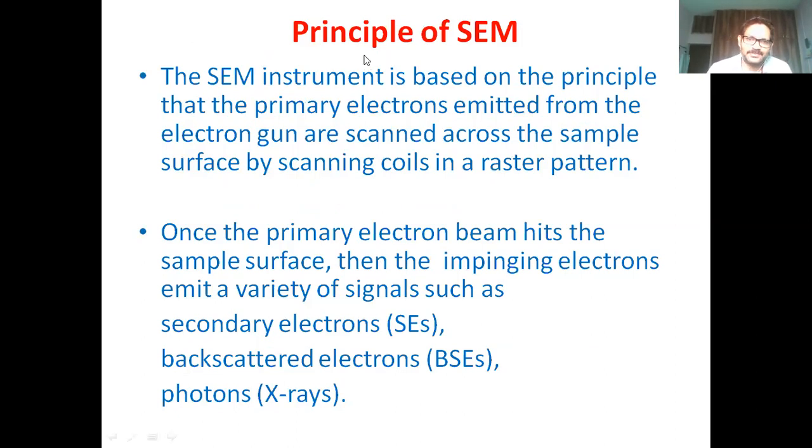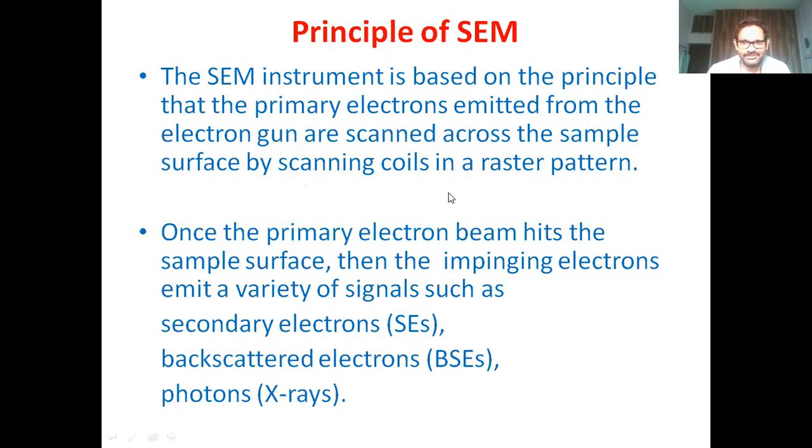So what is the principle of the electron microscope? The SEM instrument is based on the principle that primary electrons emitted from the electron gun are scanned across the sample surface by scanning coils in a raster pattern.